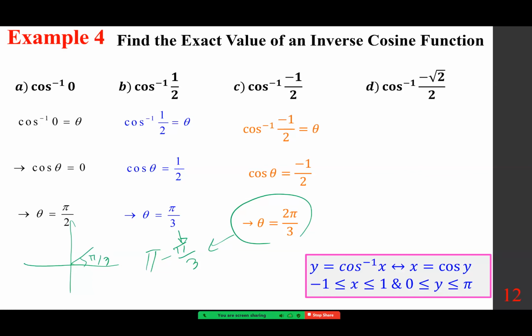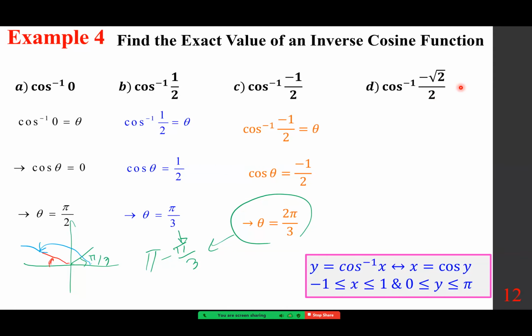This is pi over 3. This distance is pi over 3 also. And to find this angle, you subtract pi over 3 from pi. Again, I am reminding you about how to use a reference arc.